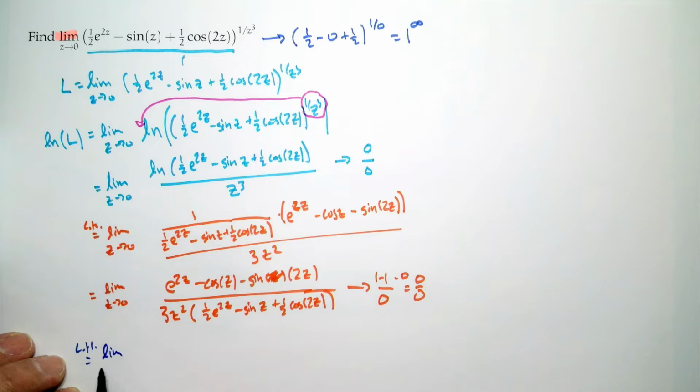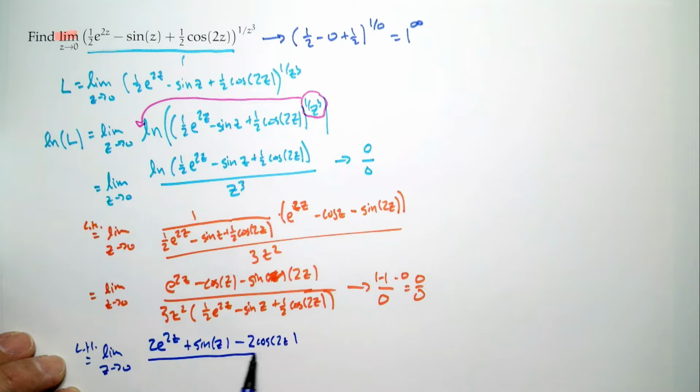Nice. Limit as z goes to 0 of derivative upstairs, 2e to the 2z. Derivative of negative cosine z is plus sine of z. Derivative of negative sine of 2z will be minus 2 cosine of 2z.